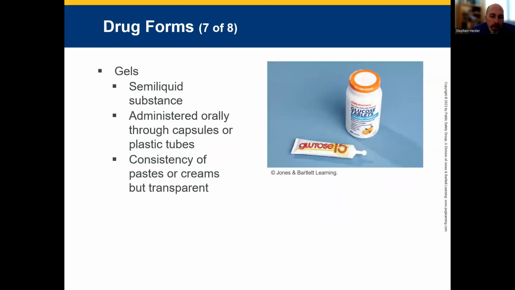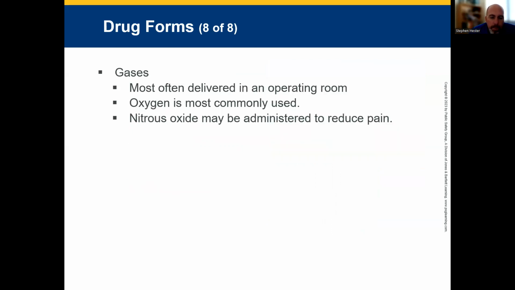Gels, here your oral glucose, and pastes and creams. Gases are usually delivered in the operating room. Oxygen is one that we use. Nitrous oxide could be used to help reduce pain, but we don't have it as much on the truck.